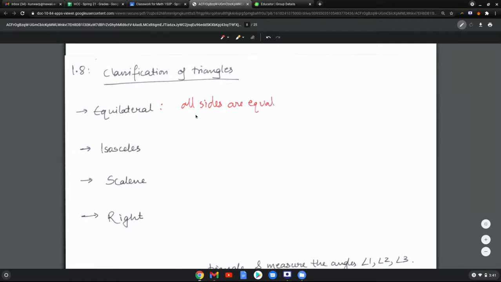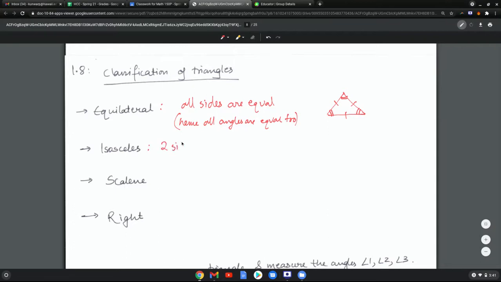And as a result of this, all angles are equal too. One way to denote that in a figure is by using one dash on all three sides. This means that all of these three sides are equal. Similarly, for angles, we can use a double line to indicate that all three angles are also equal.